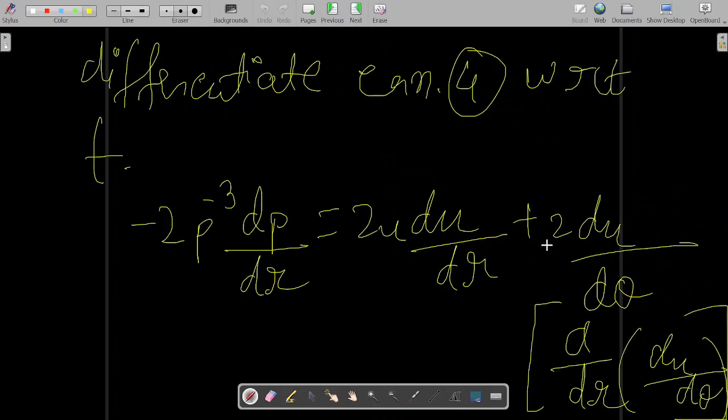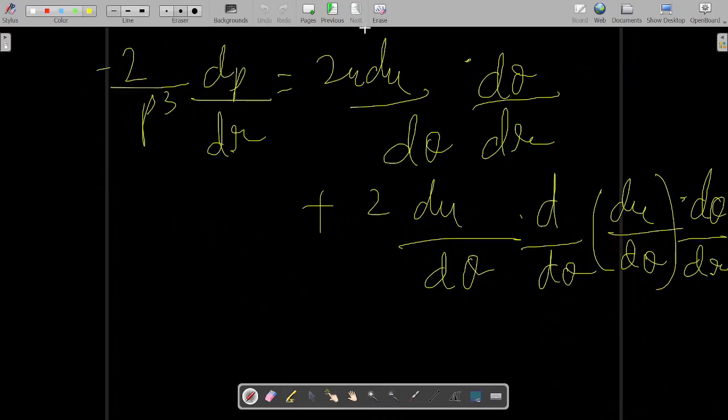From here you got this. Then you will apply the chain rule of differentiation again, and after you apply the chain rule, this is the thing which you get.